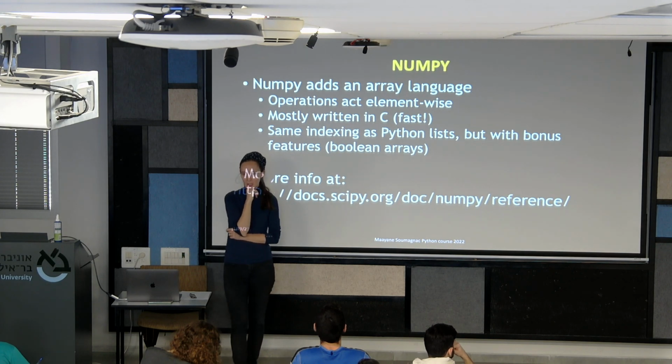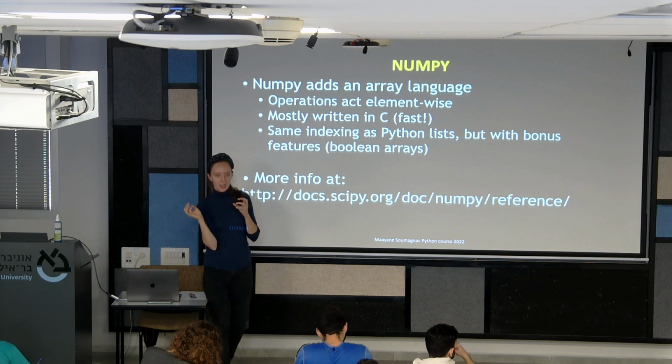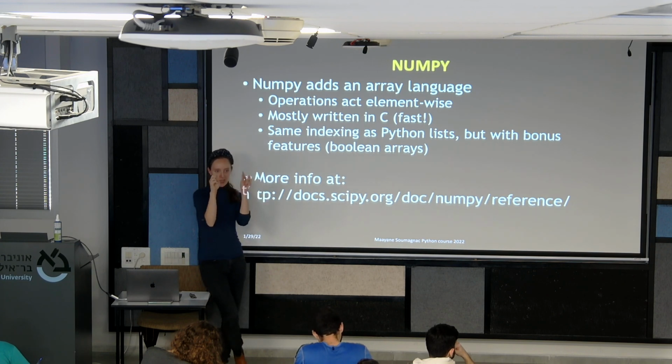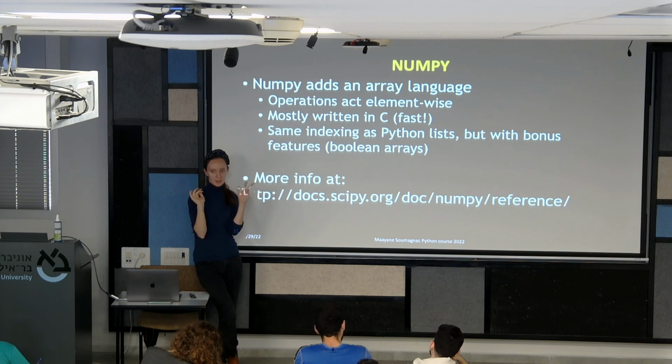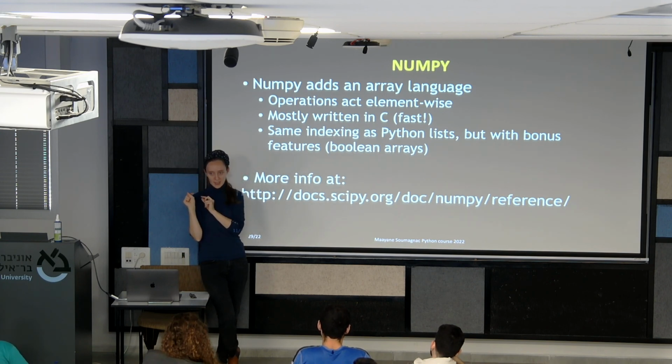You remember, if you have 2 Numpy arrays and you do a plus b, it's going to add every element of the array element-wise. Does everybody understand what I mean by element-wise? Yes. Okay, if I do a times b, it's not going to be a matrix multiplication. It's going to be first element of a times first element of b, second element of a times second element of b, etc., etc.